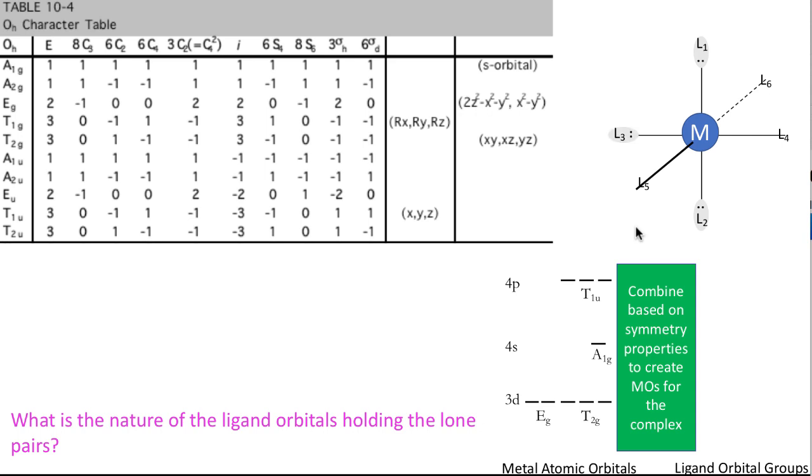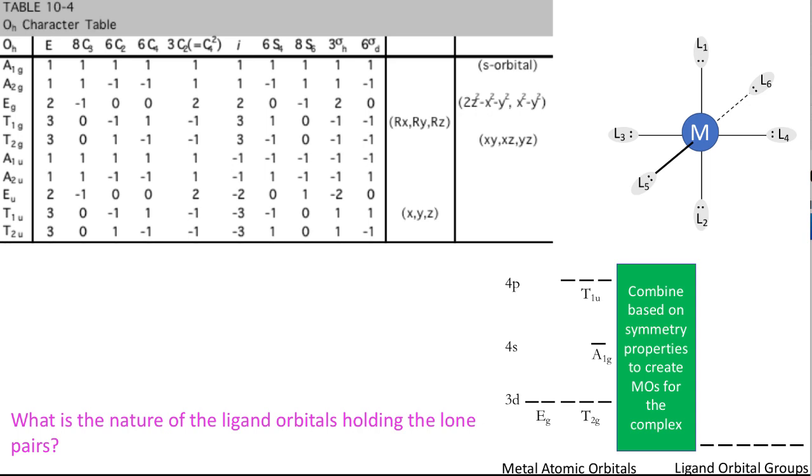So we have the lone pairs in the frontier orbitals of these ligands, and we're going to look at those as sigma donors, which makes the production of our reducible representation, i.e. the combinations of these frontier orbitals to produce our group sets, pretty simple for a sigma donation.